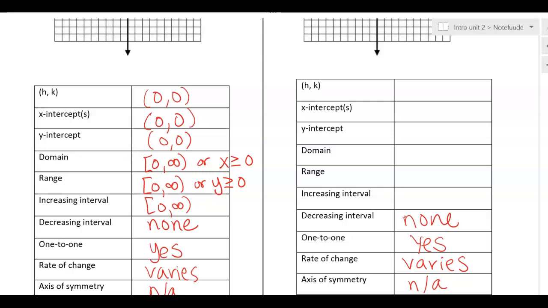And we haven't talked about domain yet, but what would the domain be of this graph? All real numbers. This is different than the square root, right? We can plug in everything. Not everything works out nicely, so we choose really nice things to plug in. But everything, which means our increasing interval is also everything because it's the entire domain.